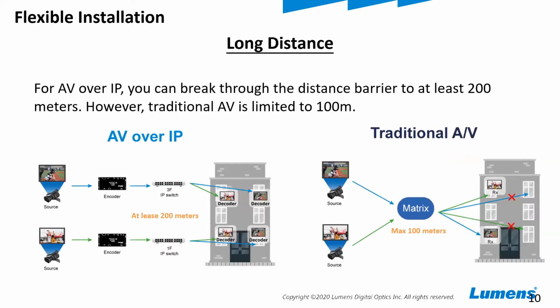AV over IP allows you to break through a distance barrier to at least 200 meters, whereas traditional AV typically is limited to around 100 meters. So the AV over IP solution makes it a lot easier for long distance installations.